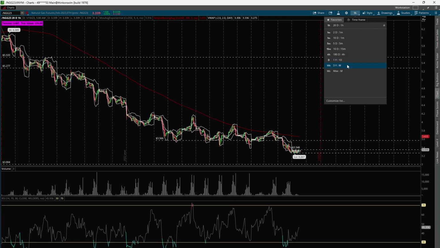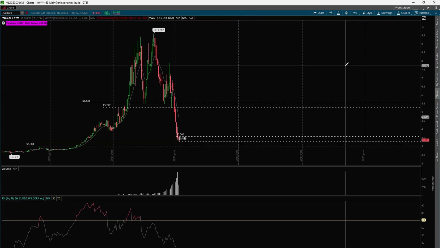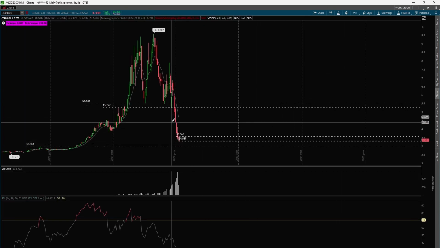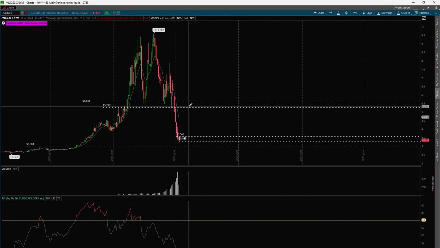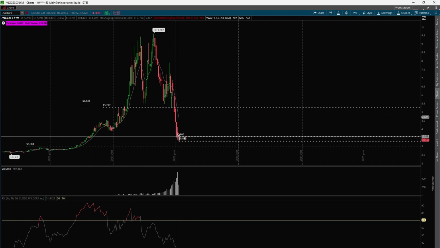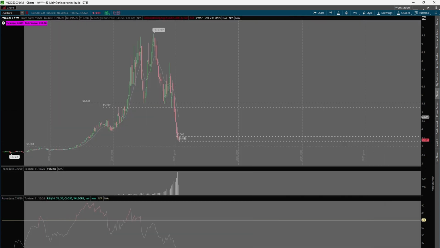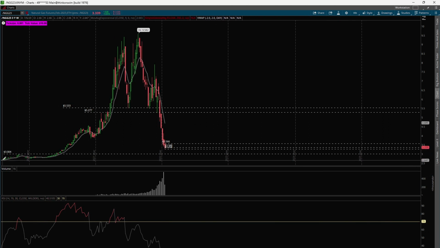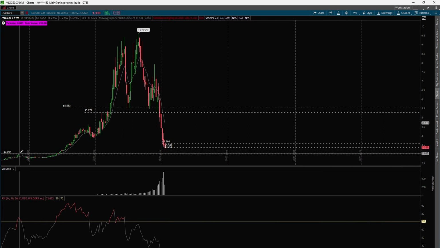Because if we zoom out even more to maybe the weekly chart, we can see that gas broke out of this 5.5 zone that we were looking at and has fallen all the way down to that next level that we are looking at. So right before this big breakout this year, we were coming up to this 3 area, which is also a whole number.